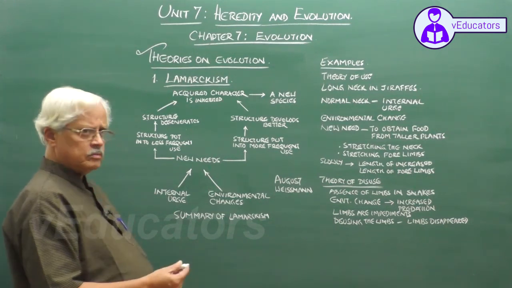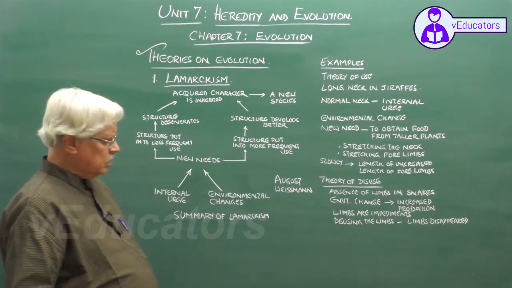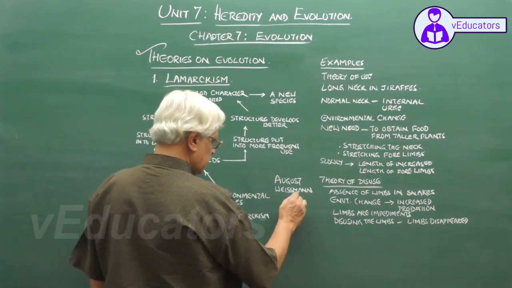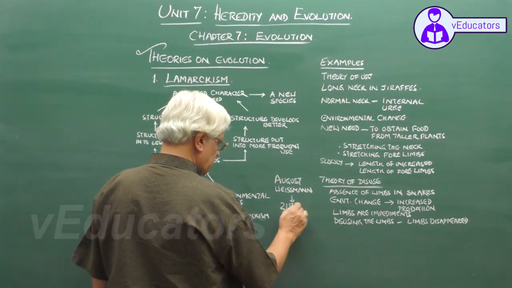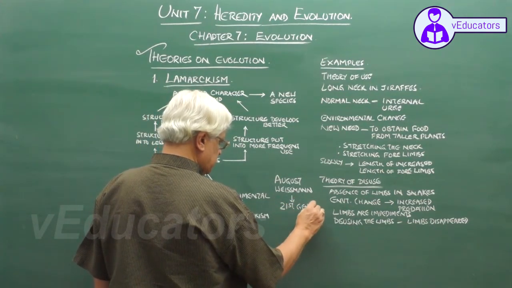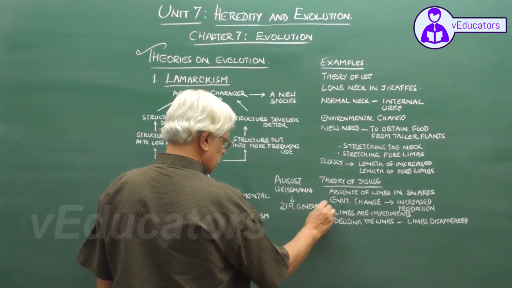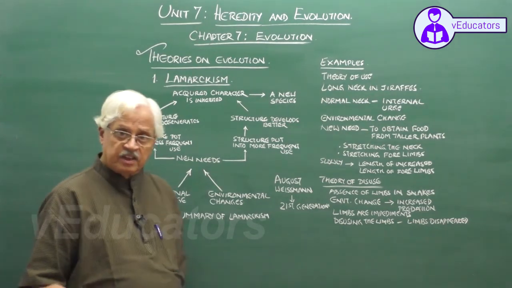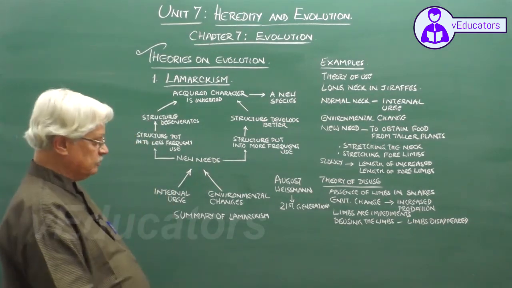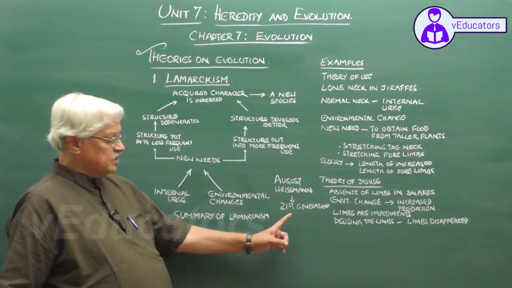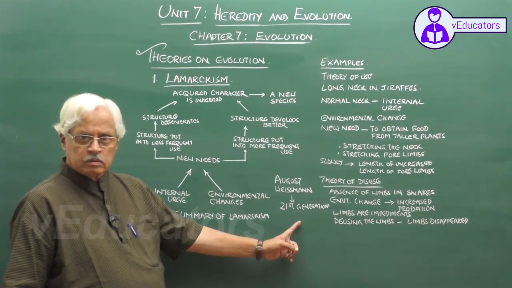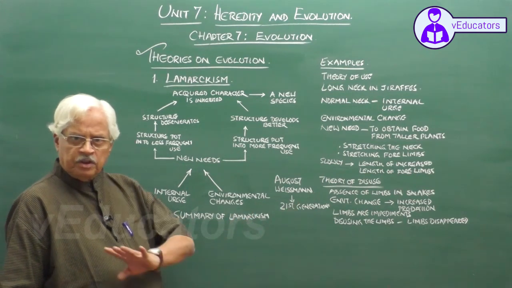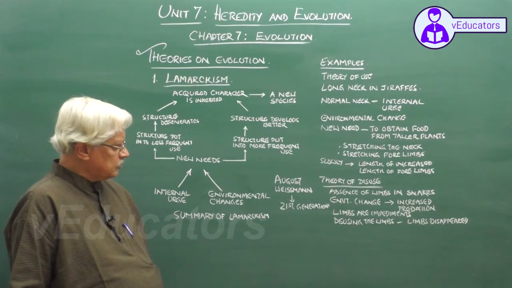allowed them to breed generation after generation for more than 20 generations, and he found that even in the 21st generation, the rats had a tail of normal length. That means the absence of tail, considering it as an acquired character, did not get inherited.